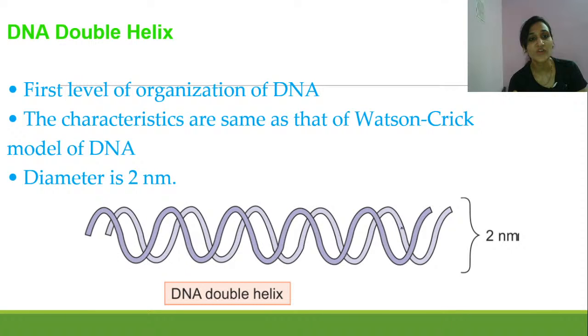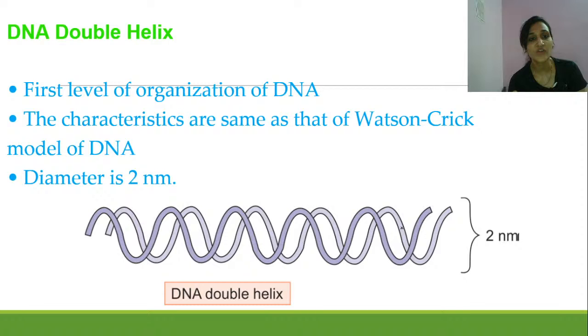Now, if this is a whole bundle of the protein, that is the histone octamer, the genetic material is wound over it how many times? 1.75 times. It does not even take a complete 2 turns.